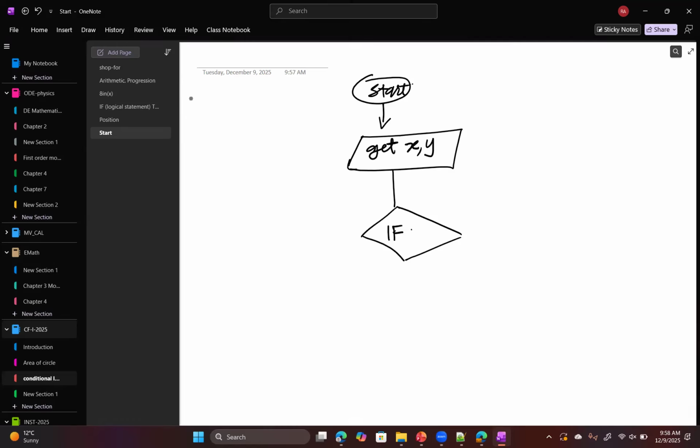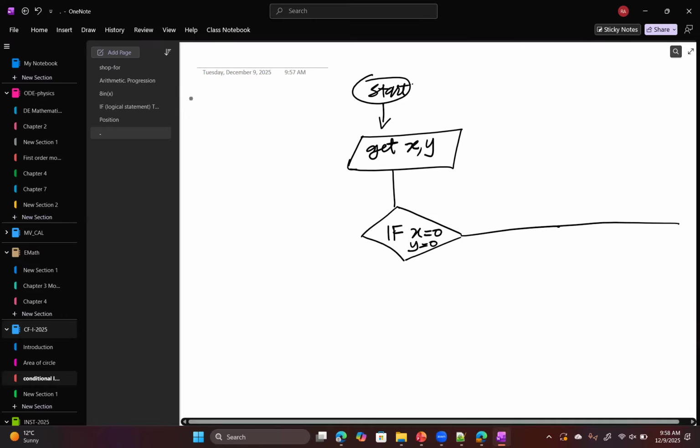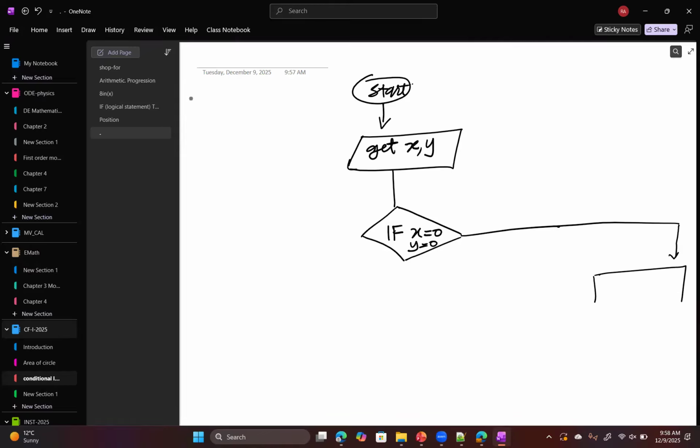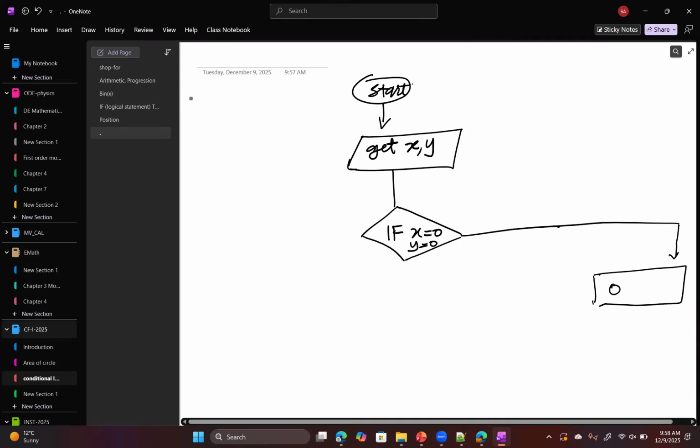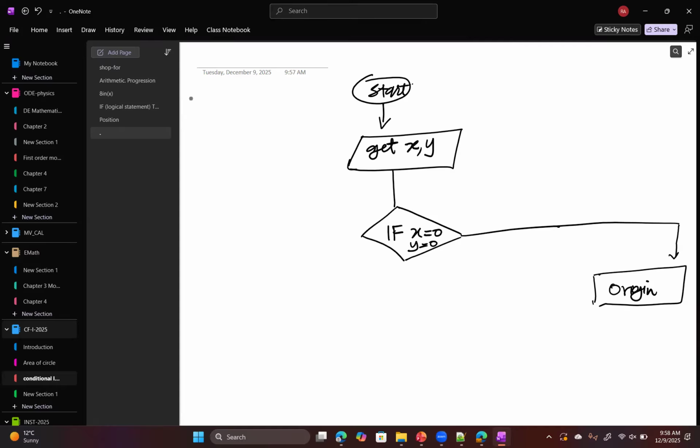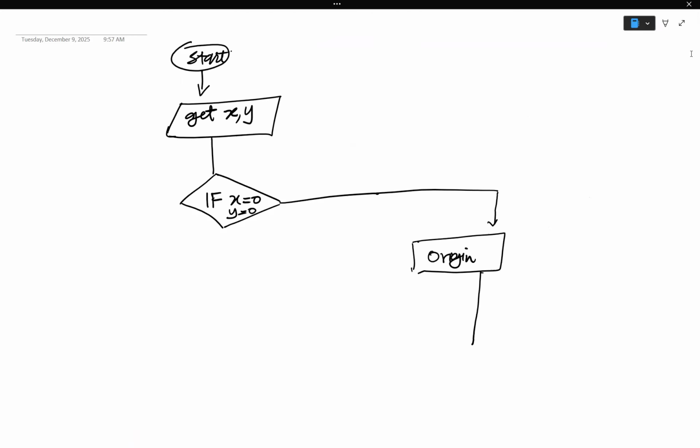If x is 0 and y is 0, the message would be: it is at origin, it is the origin point. We can go further to the end of the program, or if we'd like to repeat it, we can ask for the new values.